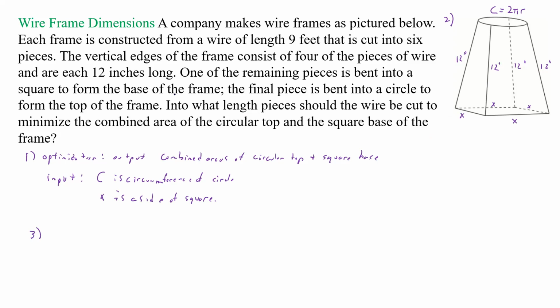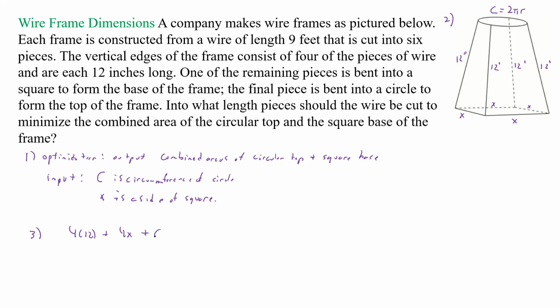Now, what do we know here? Let's see. We know that we have 4 pieces here, right? So there's 4 times 12. So we'll have 4 times 12 plus, now we have 1, 2, 3, 4 x's, and then we have plus, now we have the circumference, but we don't know what that is.